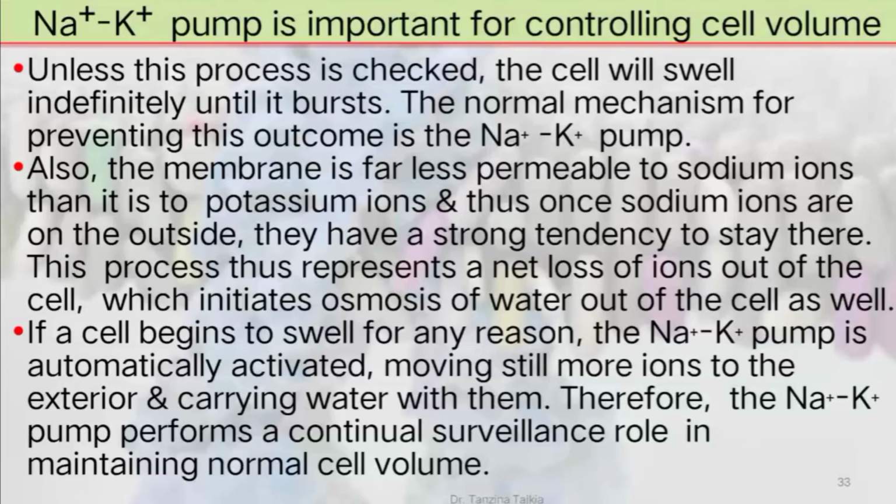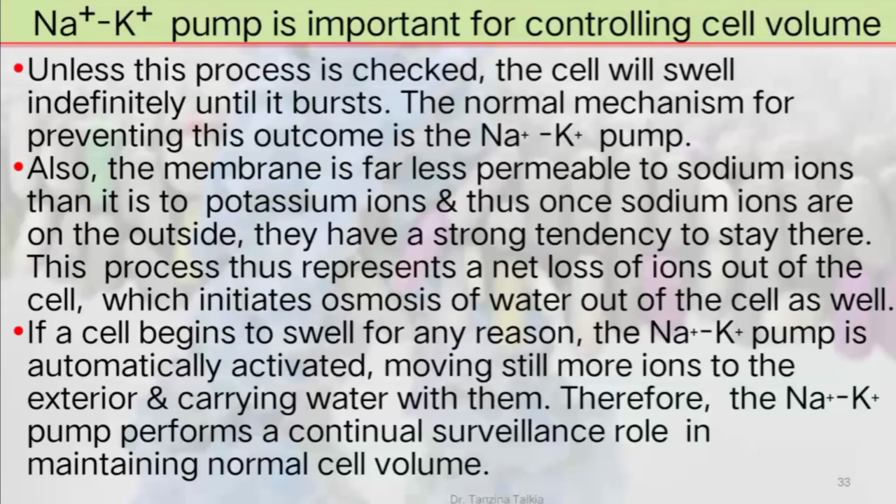The normal mechanism for preventing this outcome is the sodium-potassium pump. Also, the membrane is far less permeable to sodium ions than to potassium ions. Thus, once sodium ions are on the outside, they have a strong tendency to stay there. This process thus represents a net loss of ions out of the cell, which initiates osmosis of water out of the cell as well.